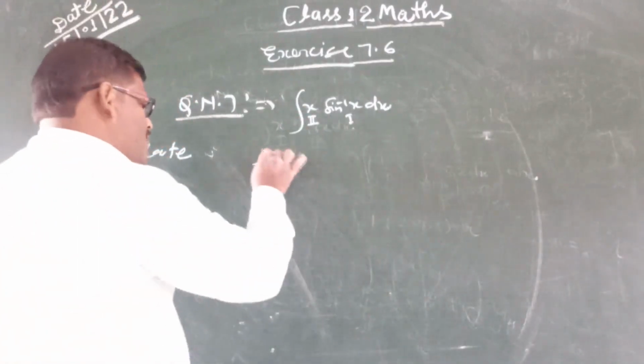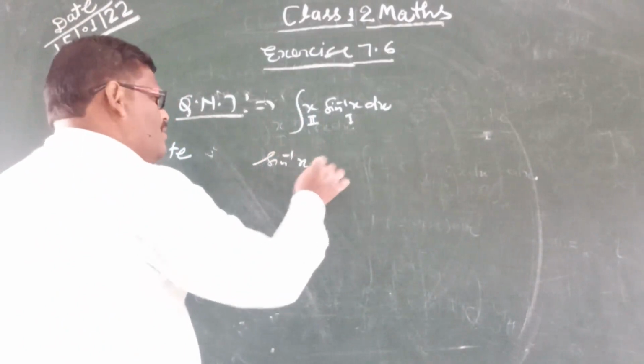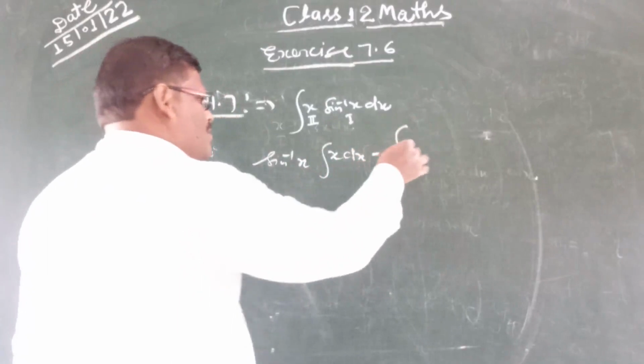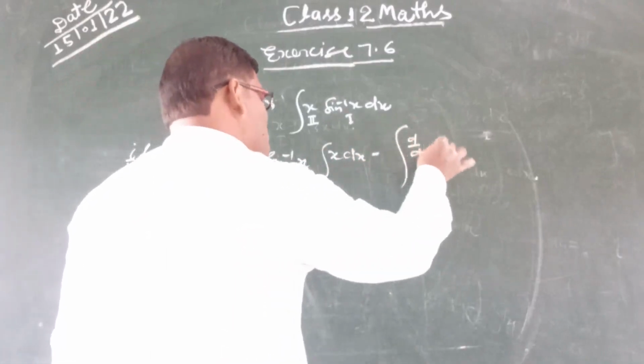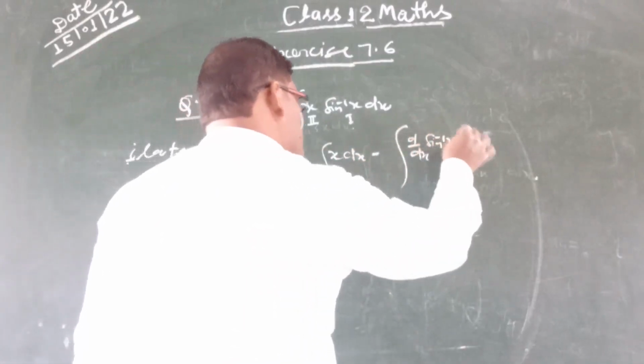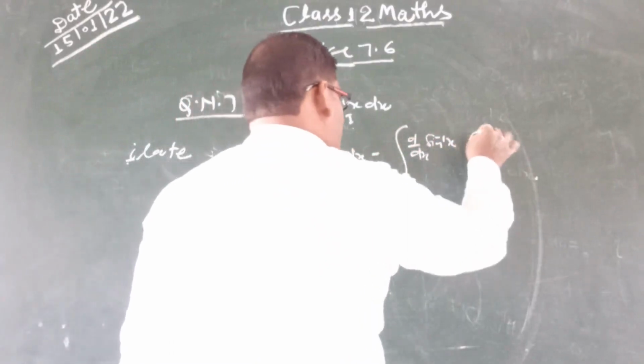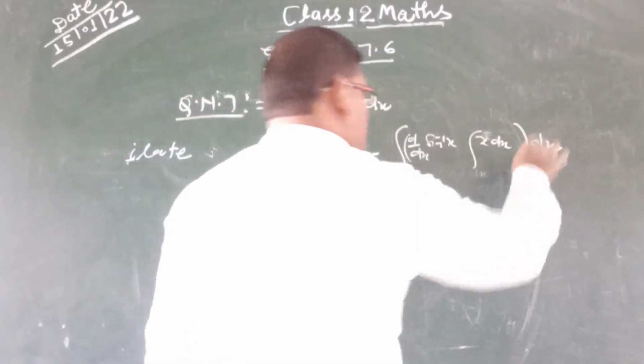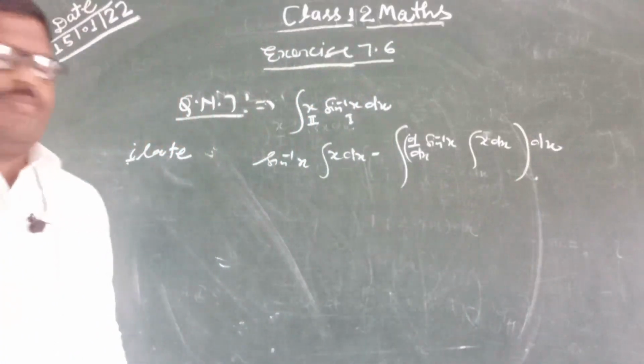Now sin inverse x first function, integration of second x dx, minus differential of first, d by dx of sin inverse x, and integration of second x dx, whole dx. That is the formula for integration by parts.